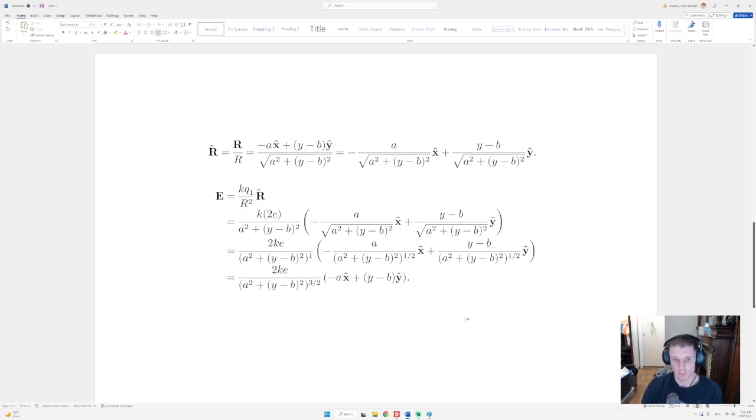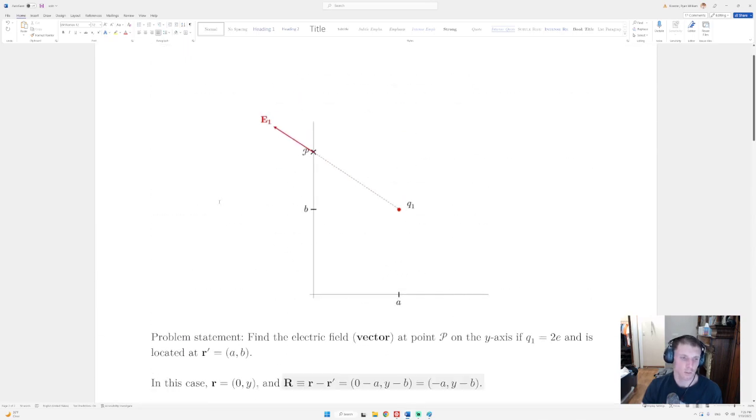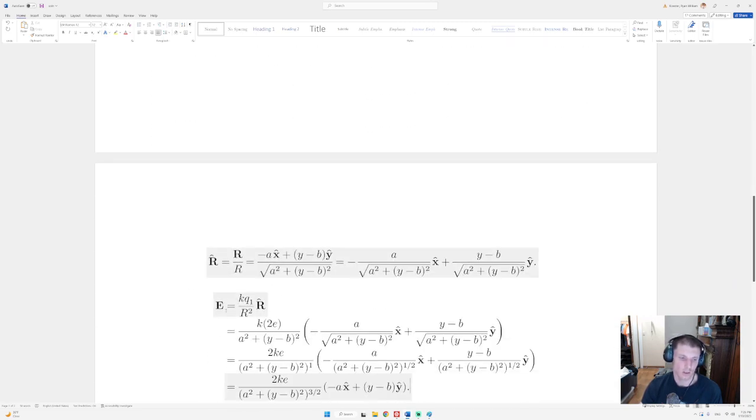Now, before I wrap up, I'm going to just talk about the actual problem that I gave, right? Which was the same thing, except there was some charge over here on the other side of the y-axis. So what we would do in that case, and I just noticed that I called this E1, but I've been writing just E all along, so just interpret this as E1.